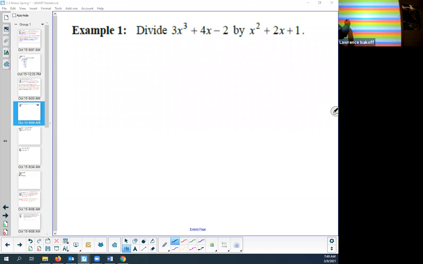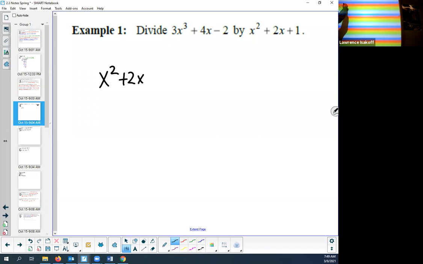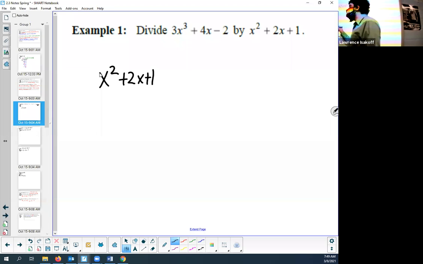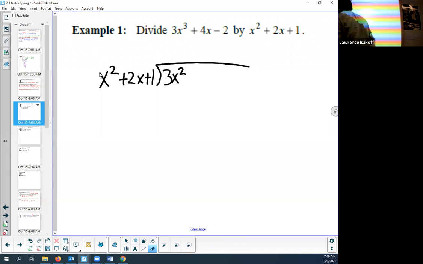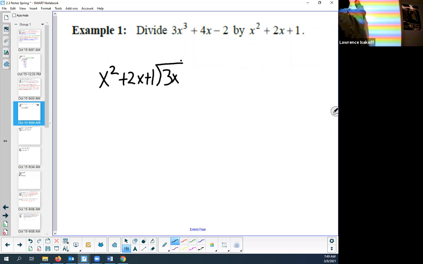So I start with writing this: x squared plus 2x plus 1. No terms are skipped there, no 0 placeholders needed. It divides into 3x cubed plus 0x squared plus 4x minus 2.